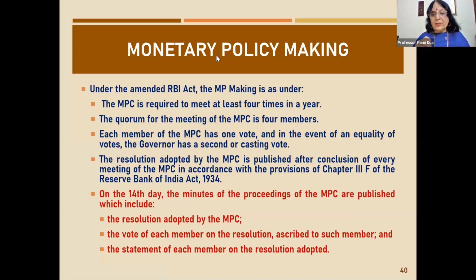So there is complete transparency in this system, and this system is actually much more stringent than the system of many other countries, because each member has to say why they have voted for a particular change in the interest rate, and that makes all the members very accountable.